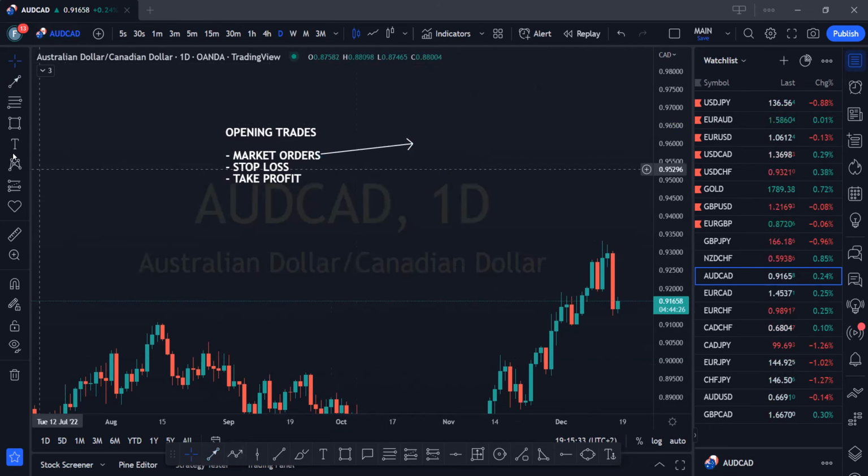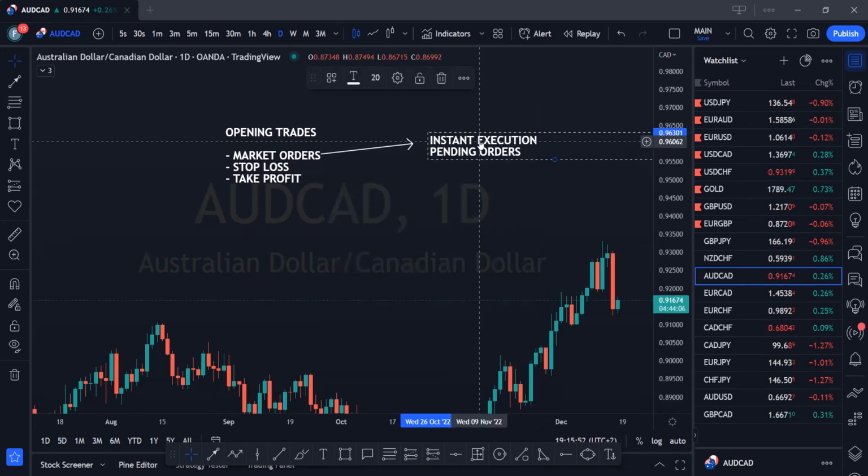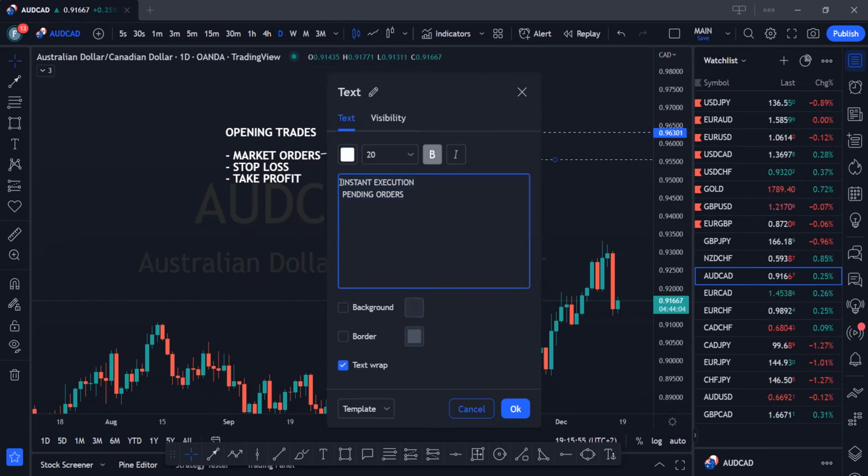So basically, the two major market orders that we have are instant execution, and then we have what we call pending orders. So let's name this 1 and then 2.